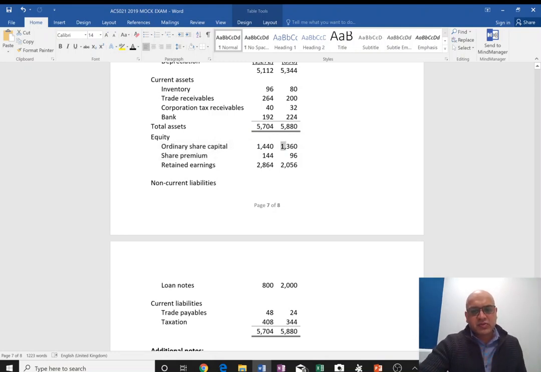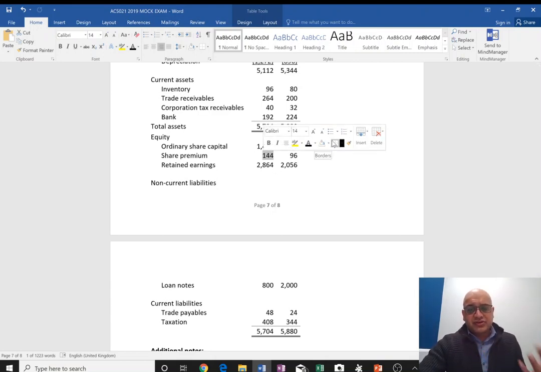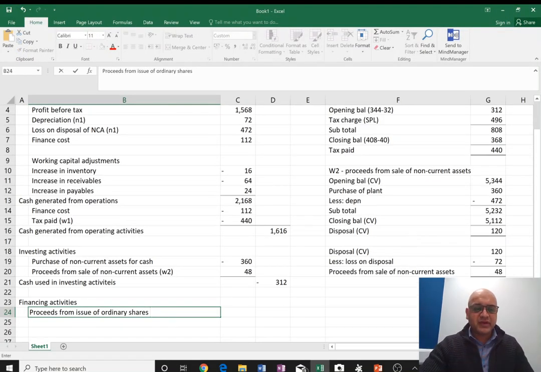Last year, the ordinary share capital was 1360, which has increased to 1440. Share premium was 96, and it went up to 144, which means we issued some shares because there was nothing else taking place during the year which we were aware of.